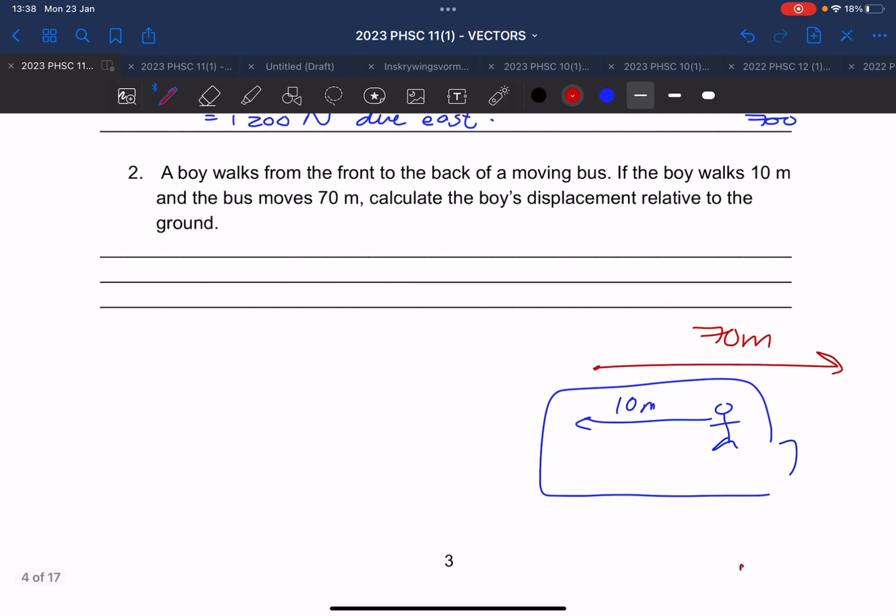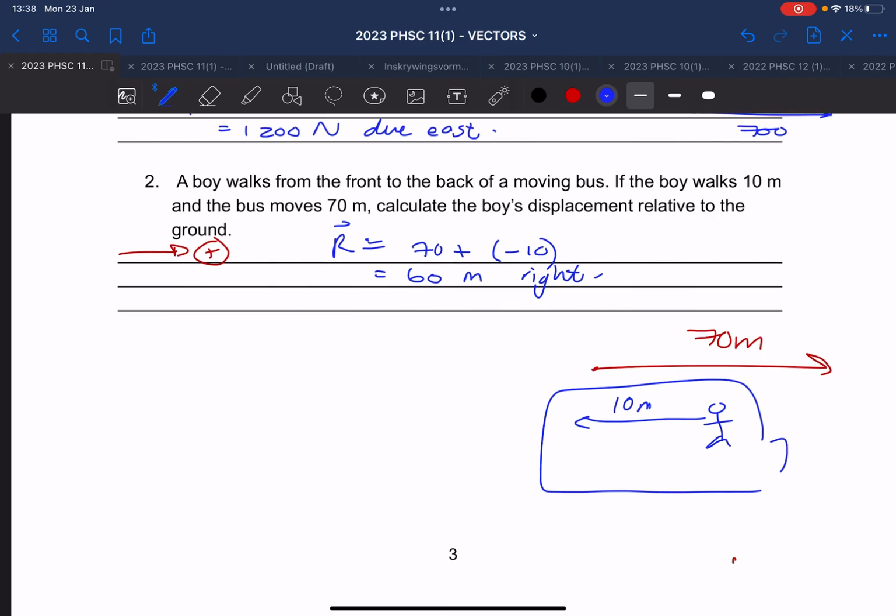Now, to the right is bigger than to the left, so I'm going to choose to the right to be positive. And then my resultant will be 70 plus negative 10, because it's in the negative direction, because I chose to the right to be positive, and that gives you 60 meters, and that will be to the right or forward or east or whatever.